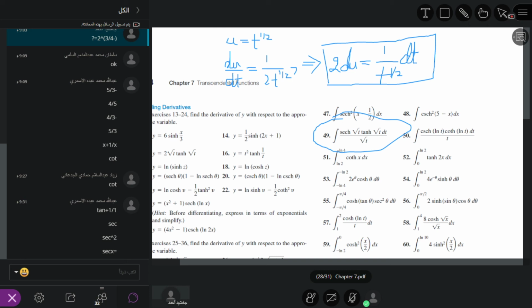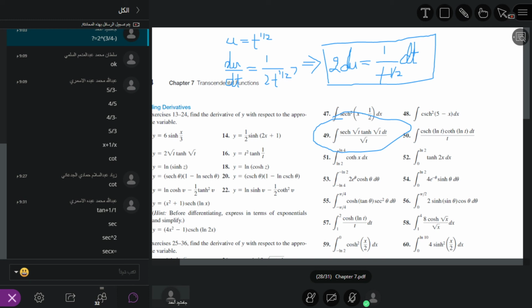Thus, we have 1 divided by t power 1 by 2, because the square root of t is equal to t power 1 by 2.